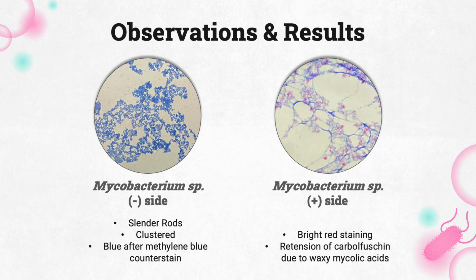As for the acid-fast stain on the right, the Mycobacterium appeared with a red staining, meaning that there was retention of carbolfuchsin due to the waxy mycolic acids.